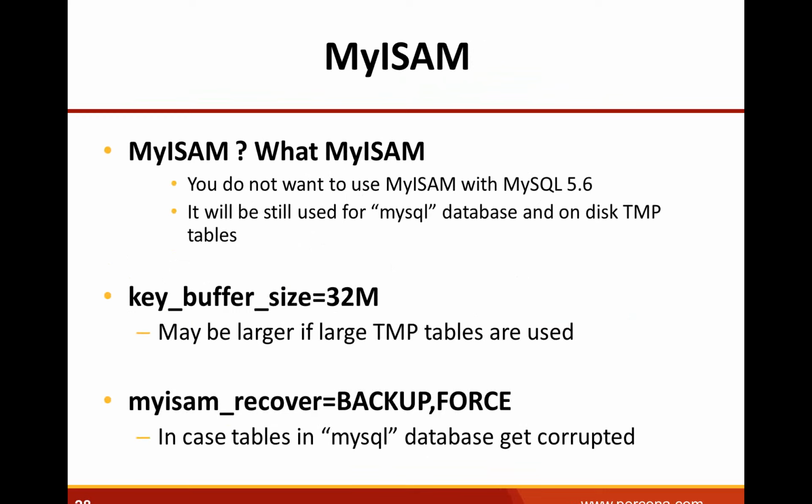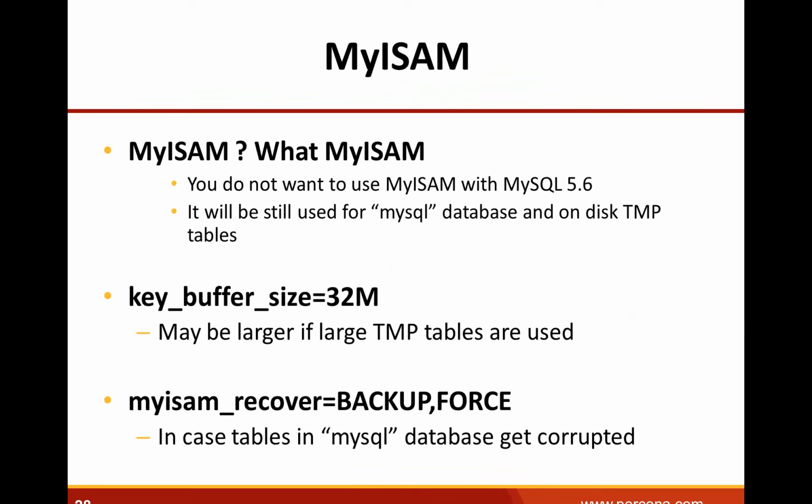And because of that, you may want to set key_buffer_size to a certain reasonable value, maybe 32 meg or something like that. Some of those temporary tables may have indexes created on them, right, and may use the key buffer.